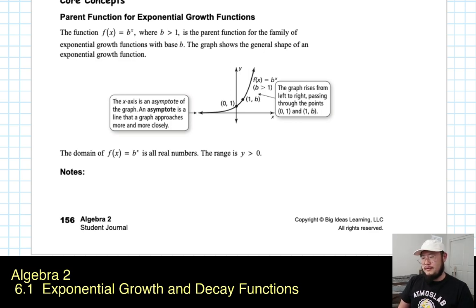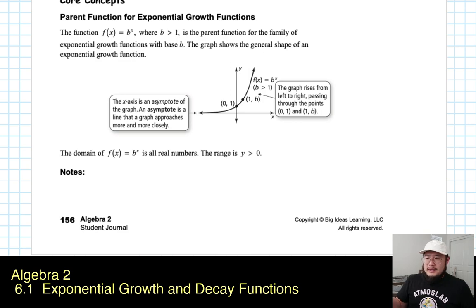But if you think about the a value, it's in front of the b, and when it comes to our transformations, it will be your vertical stretch, vertical shrink. So right here it says in the function f of x is equal to b to the x power, where b is greater than 1. This is the parent function of the family of the exponential growth functions with a base of b.